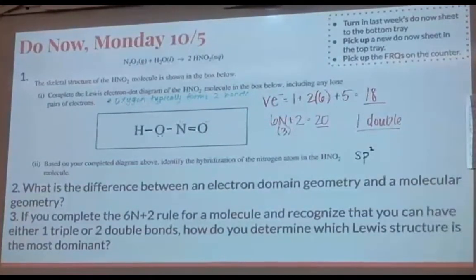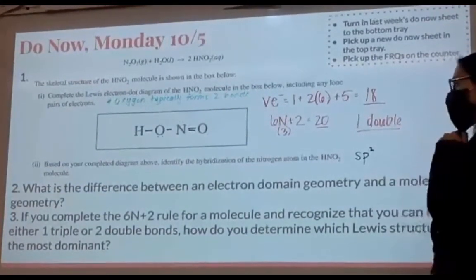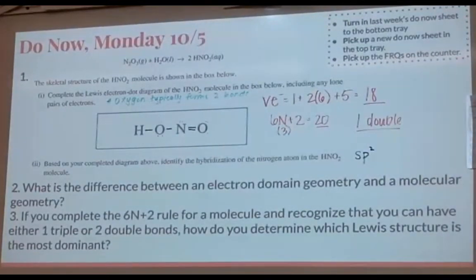So number 2, what's the difference between an electron domain geometry and a molecular geometry? Remember that the electron domain geometries are the fundamental shapes.